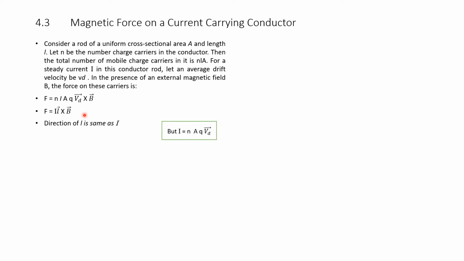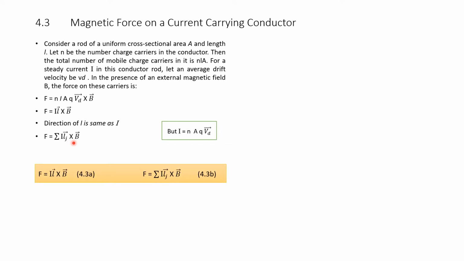The direction of the vector L is the same as the current I. This equation can also be written as F is equal to sigma I into Lj vector cross B, where Lj is the whole length of the conductor.